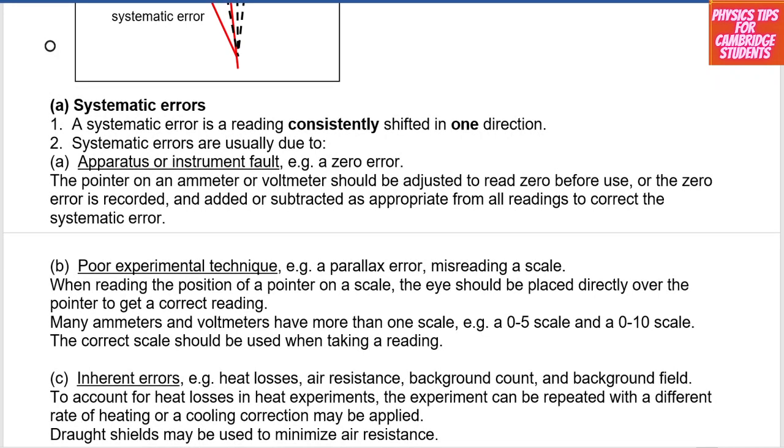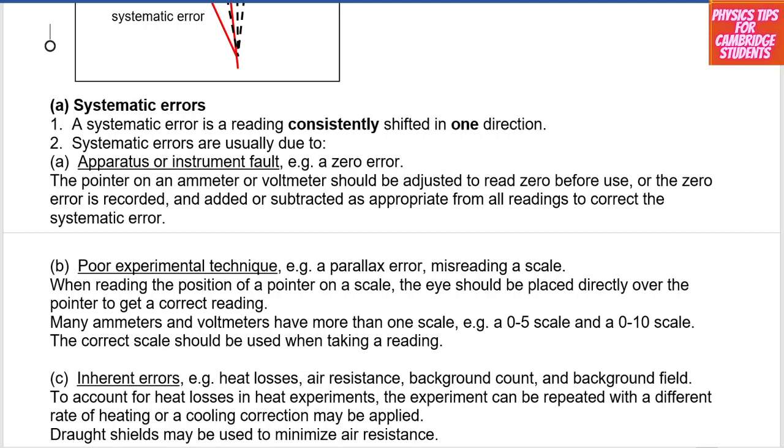If it's not starting from 0, it's starting maybe from 0.5, 0.05, something like that, then you need to record the error as well, and then you subtract the error or you add the error. Remember, when you talk about these errors, they could be positive or negative. Positive zero errors should be subtracted from values. Negative zero errors should be added back to the values. So positive you subtract, negative zero errors you add back to the readings.